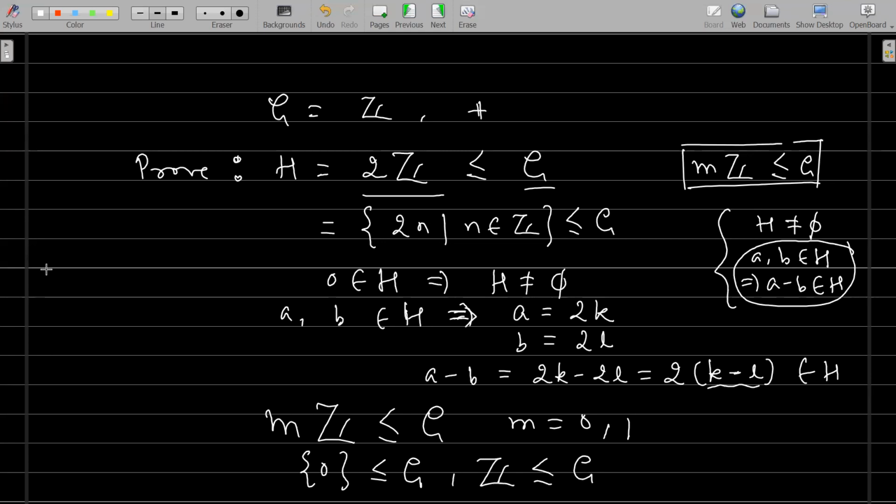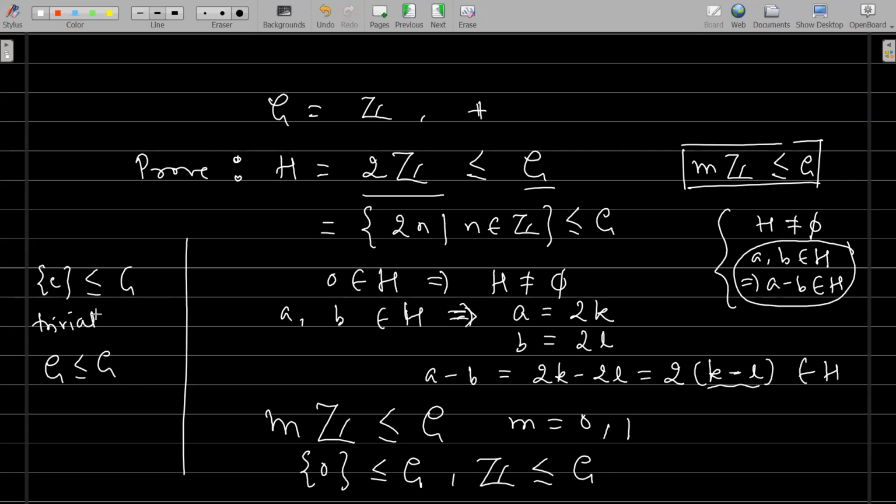Just the identity is called the trivial subgroup. That is always a subgroup. And the whole group is again obviously a subgroup. What is the subgroup concept? It should be a non-empty subset, and itself a group. Just the identity, as we saw in the very first lecture, is a group, and whole G is a group.